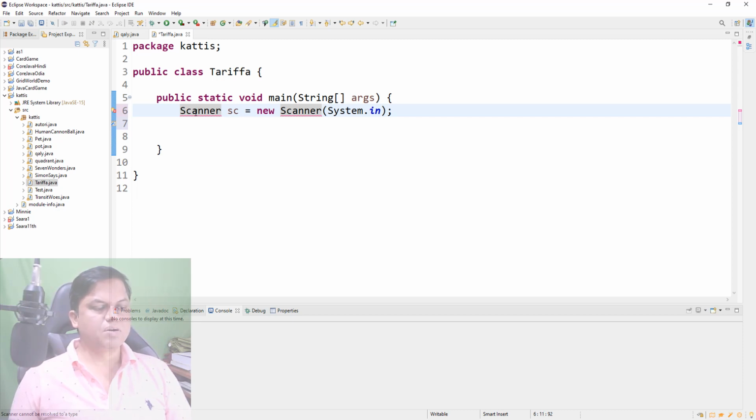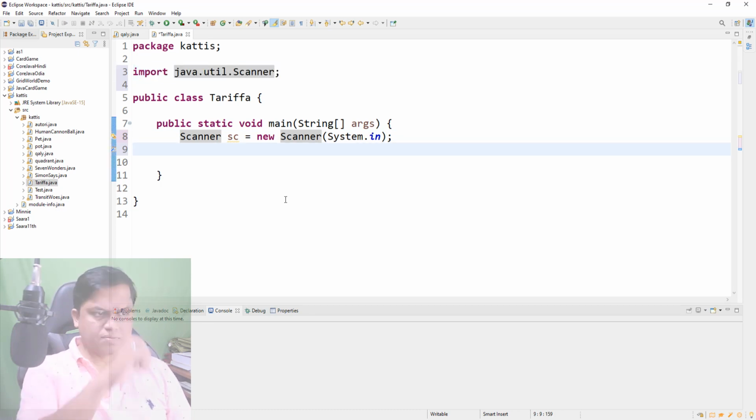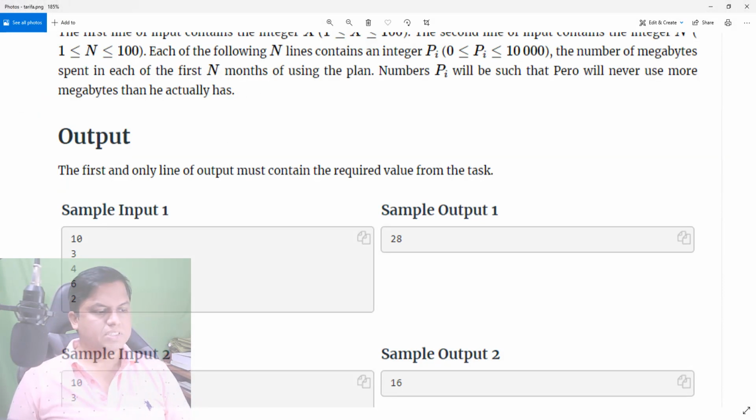Why? Because I have not imported the required class. So I will import that. Okay. So I imported java.util.Scanner. Now the error is gone.